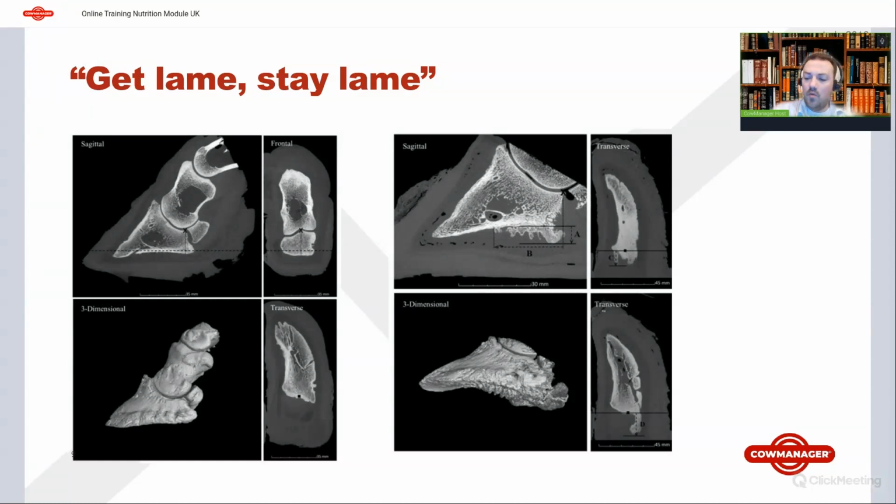So, for instance, when we trim before dry off, which is advisable, and for some reason a cow gets lame in the dry period, still a lot of people say we don't want to touch her in the dry period, because that could lead to stress, that could lead to abortion, and we want to prevent that. True, but we also want to have milk from this cow, and we want to have another calf from this cow. Plus, we can also do something about the stressful situation and the handling of a cow during hoof trimming.